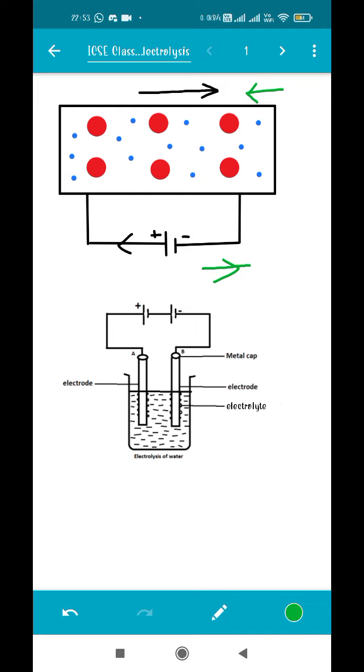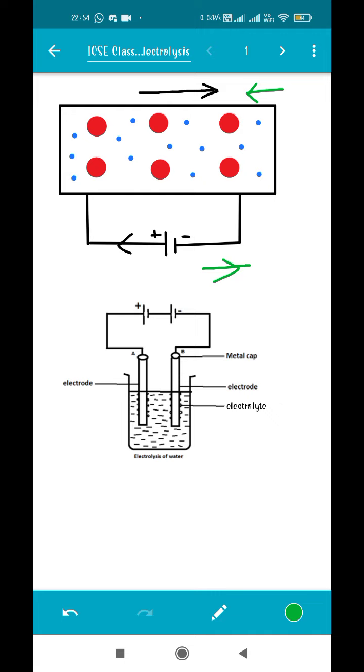What does it contain? In the chapter where you studied the various types of bonds, electrovalent bond, covalent bond, coordinate bond, you learned that polar covalent compounds, whenever they are dissolved in water, can break apart into ions. Also, if we are mixing NaCl or MgCl2, that means electrovalent compounds, even when they are dissolved in water, they will break up into ions.